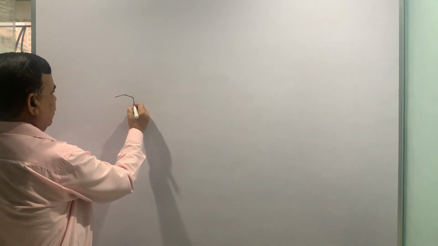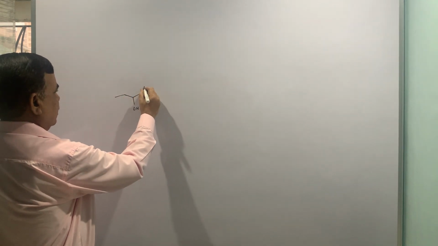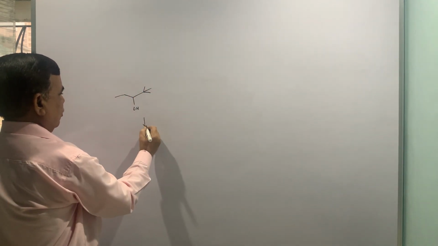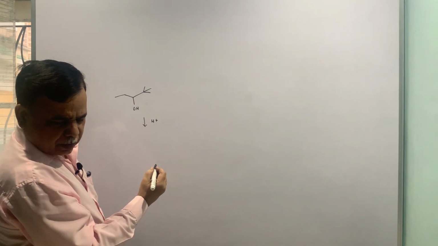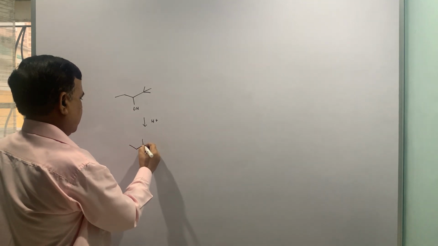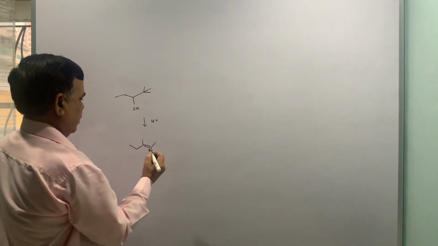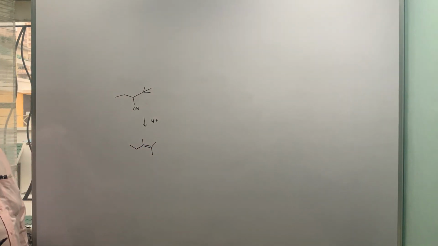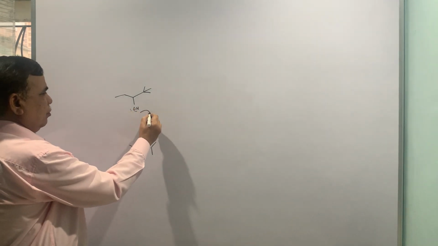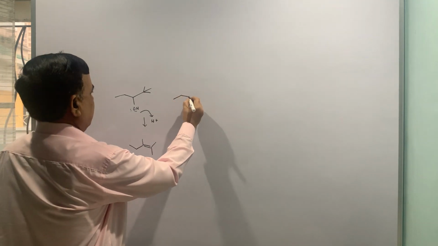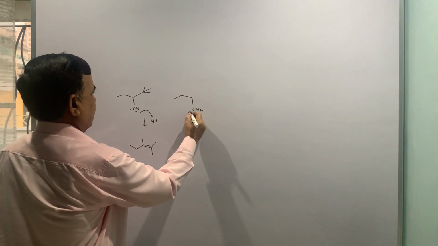Another example wherein we will be having, say, a tertiary butyl group, H plus, and the product is mentioned over here. This is the product. Okay. So once again Wagner-Meerwein rearrangement, the lone pair attacks here. This becomes OH2 plus.